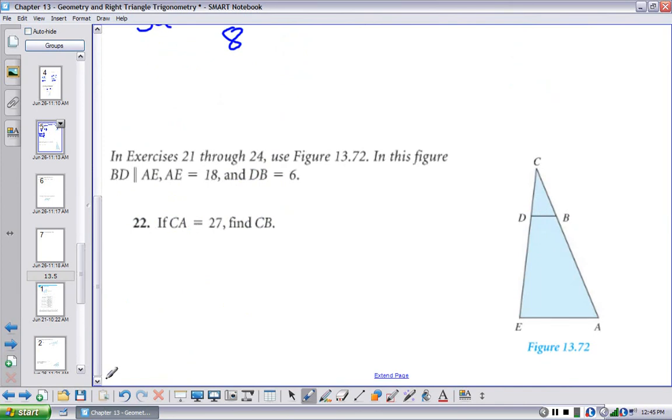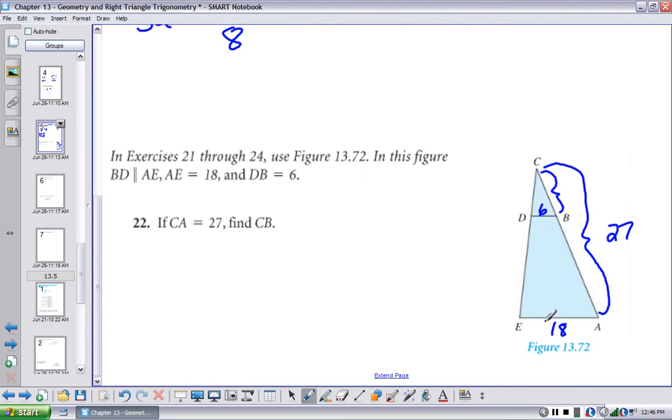Look at number 22. It says BD is parallel to AE. AE is 18. DB is 6. If CA is 27, they want us to find CB.